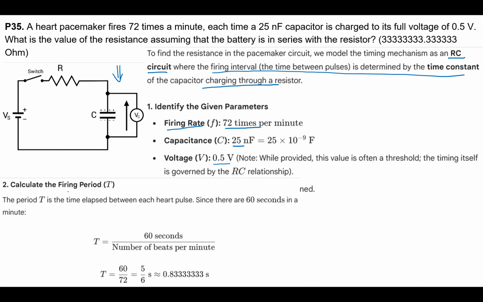Here, to calculate the firing period, since there are 60 seconds in a minute, so 60 seconds over the number of beats per minute, this 72, is about this one. Okay, the period P is this many seconds, about 0.83 seconds.